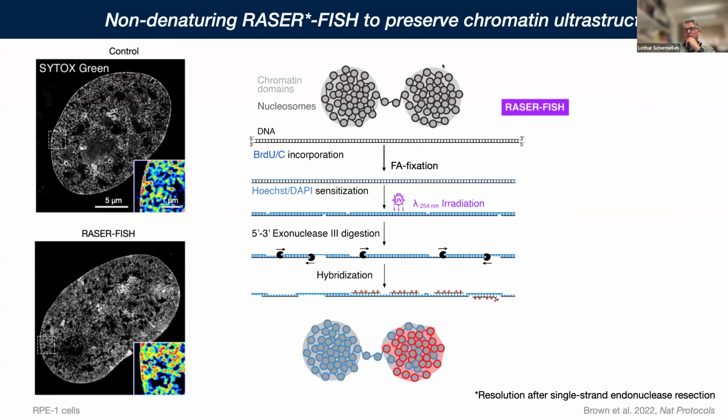This non-denaturing FISH method, termed RASER-FISH, uses an enzymatic exonuclease III digestion after nicking one side of the DNA strand following sensitization and UV irradiation. The exonuclease chops up the DNA and creates large areas of single-stranded DNA, which then allows the probe to bind.